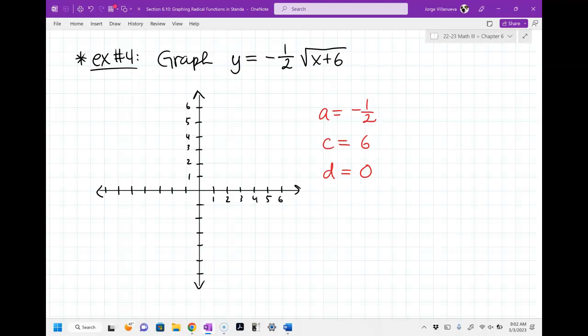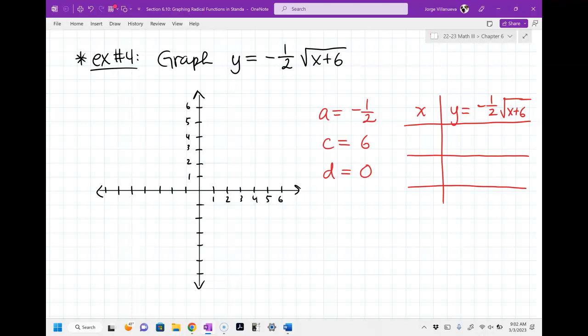So let's make an XY chart here. The negative half square root of x plus 6. All right, so let's play this game where we try to figure out what makes it. Remember, square root of 0 is my goal for the first one. What x value would make the square root say 0 inside?